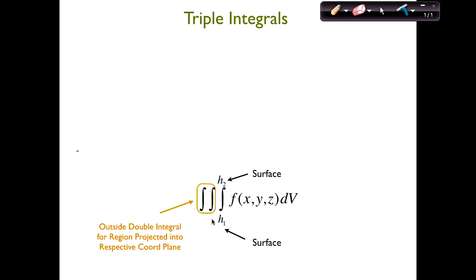So you don't have to think of it as doing 3 things, but 2 things, right? Surface to surface, and then a double integral of the projection of E into whatever coordinate plane we're looking at. Does that overall make sense? It's not so bad because we've done all these double integrals, and a big part of a triple integral is just doing more double integrals. Okay?